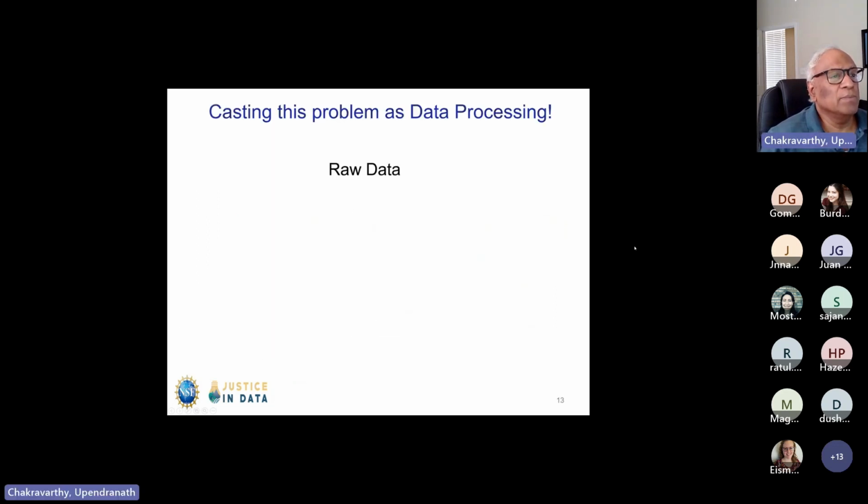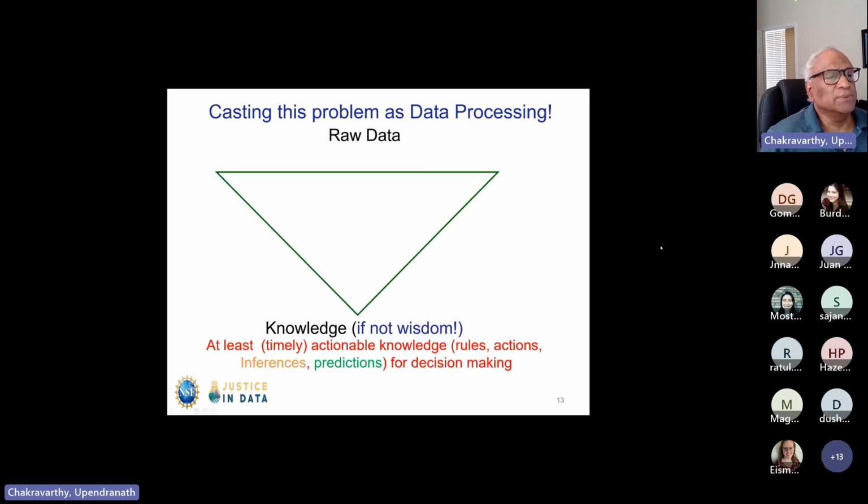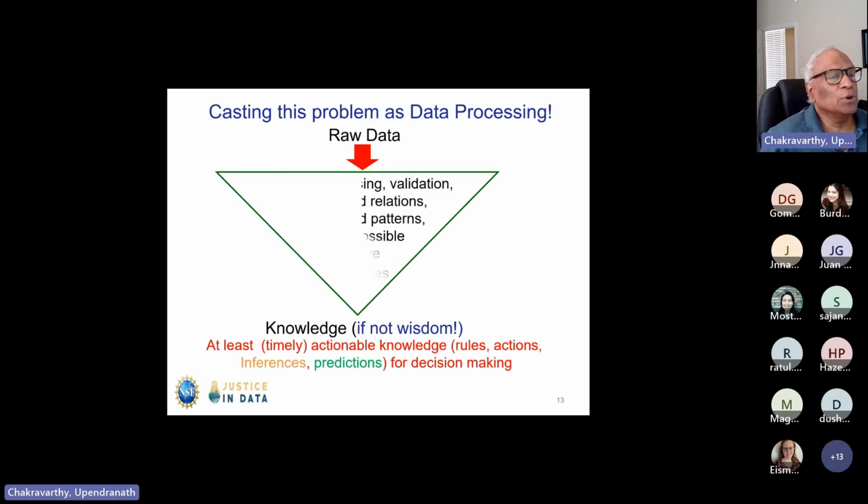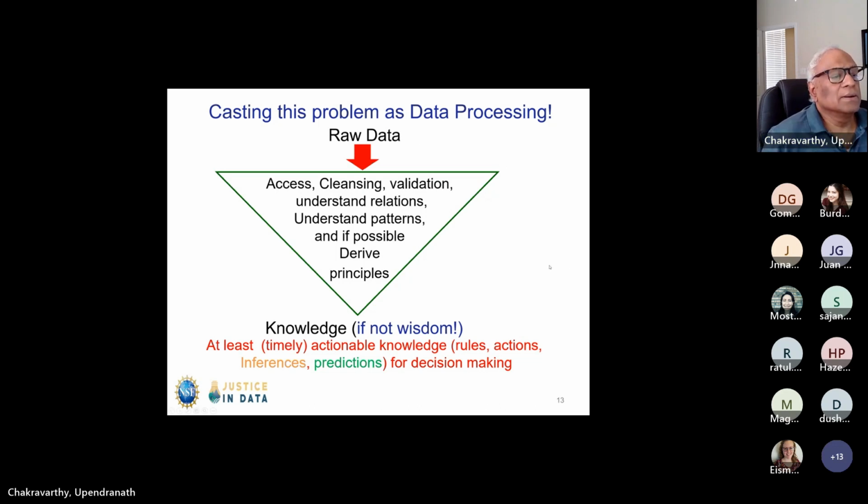Casting this problem as a data processing problem, this is my view of looking at it. We have raw data, different kinds of raw data. We'll see another diagram that explains it better. And you are interested in knowledge, if not wisdom, at least timely, actionable knowledge.